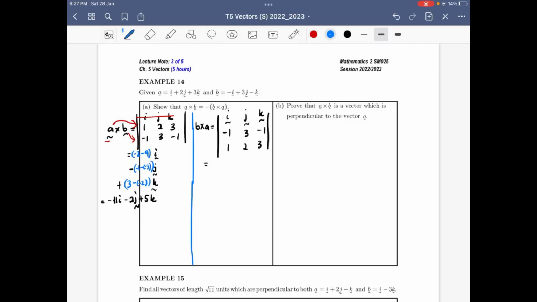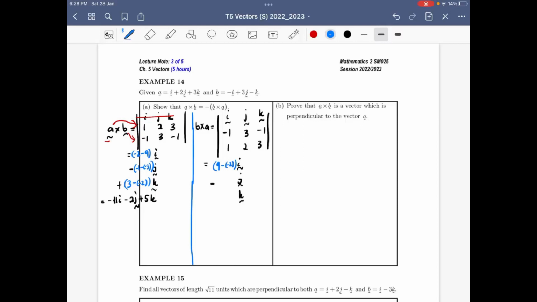Okay, try to write down first. What do we have? i, j, and k. Okay, and then we have here, if you close the i part, we get 9 minus -2.